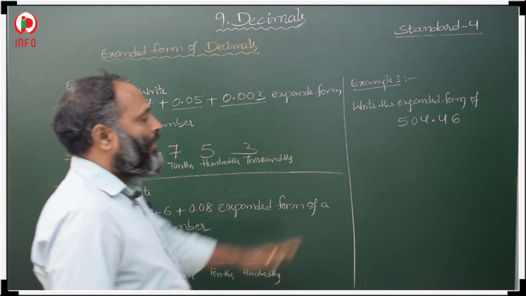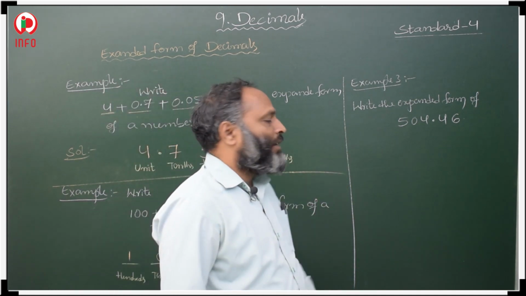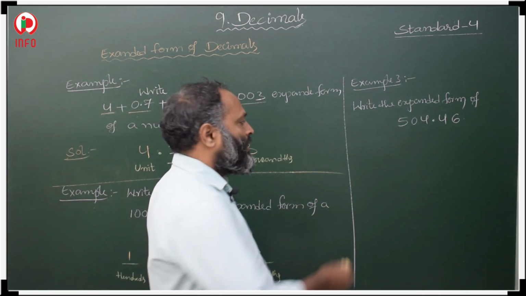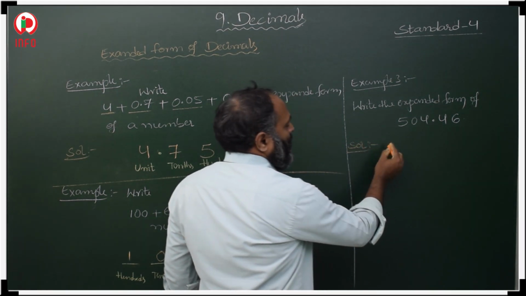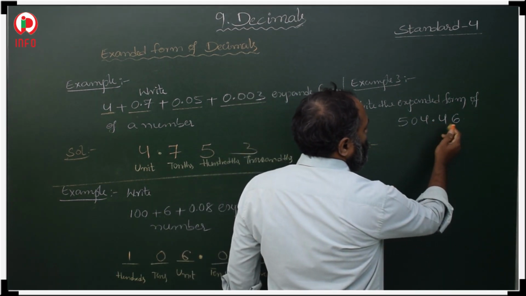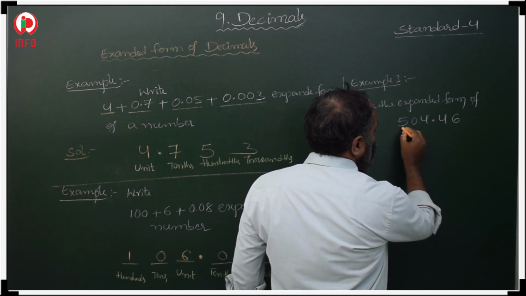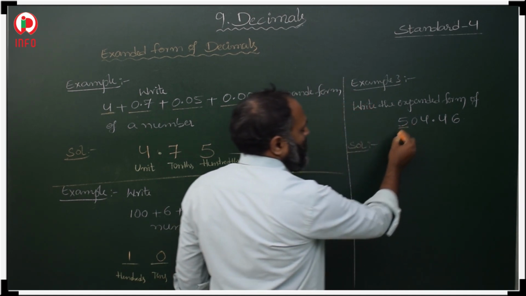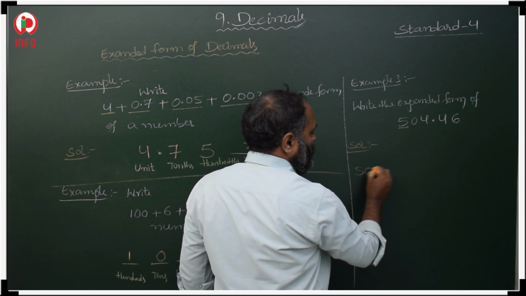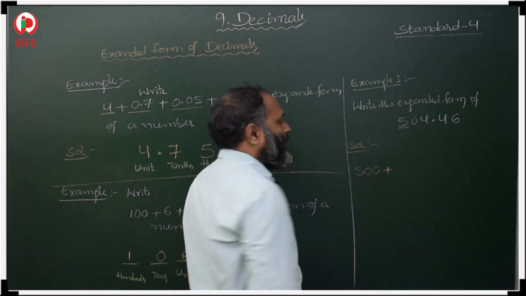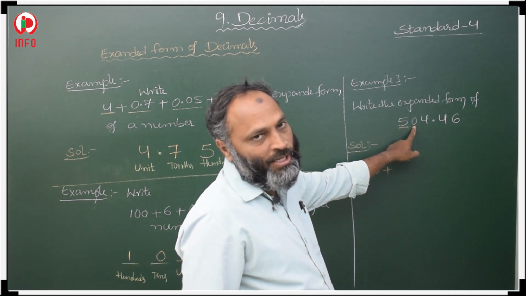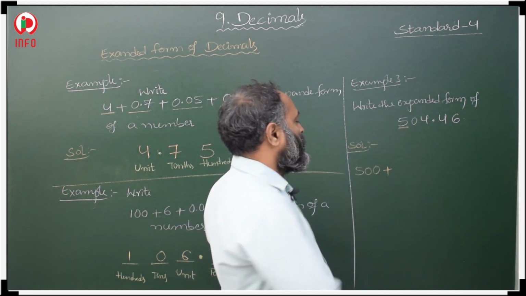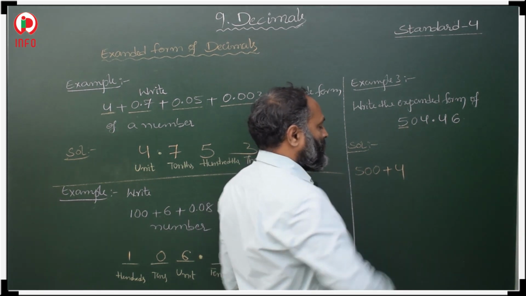Now here the decimal form is given, then how to write it in expanded form. See here how to write these numbers into expanded form. 504.46 first. We have to write 5 is in the hundreds place, so 500, plus 0 in the tens place, no need to take that one, and 4 is in the ones place, that is units place, 4.